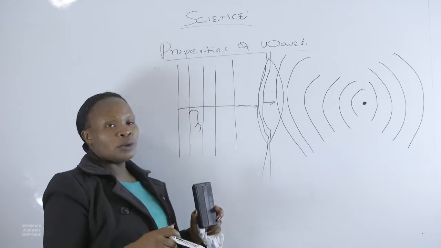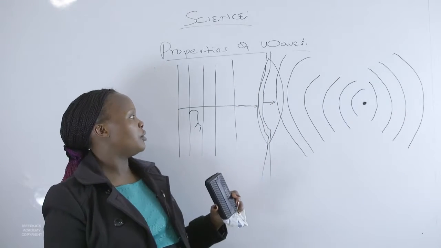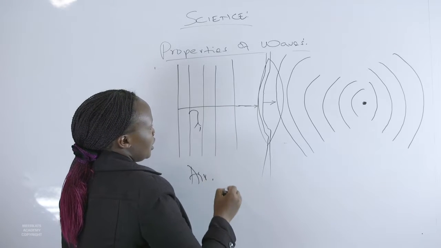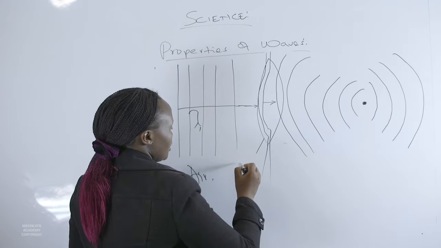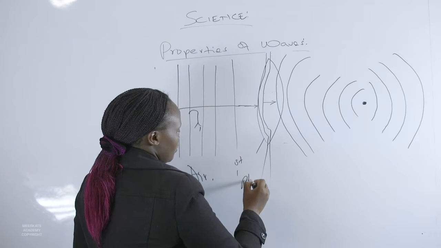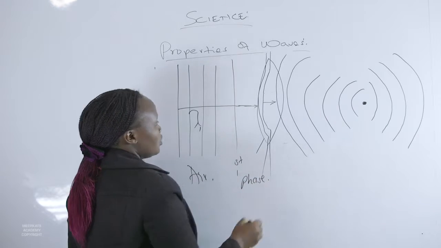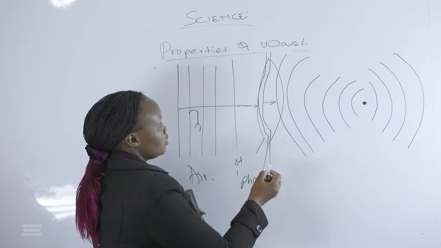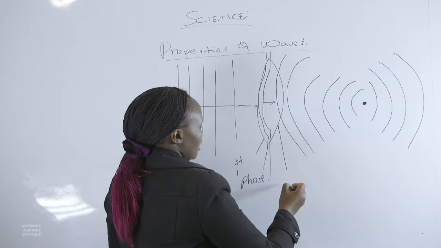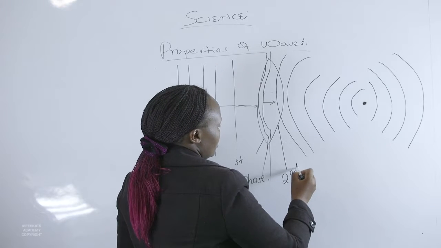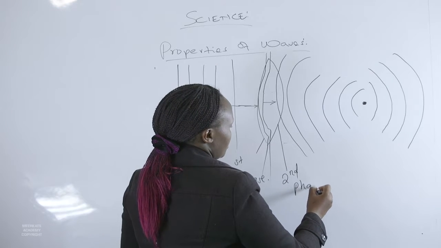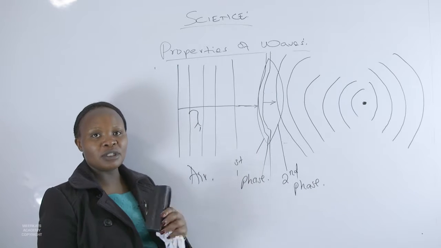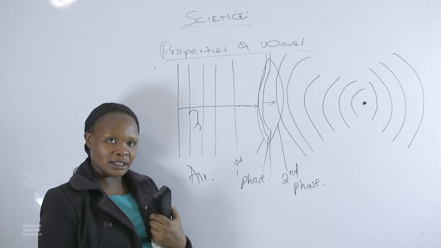So here we shall have 4 media. This one is air. Now this one is the first phase. At the first phase, we shall have them bend a bit. Then we shall have them come to the second phase of our boundary, which is in form of a lens.